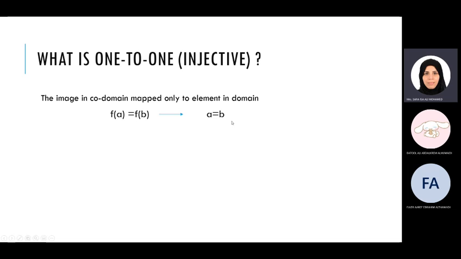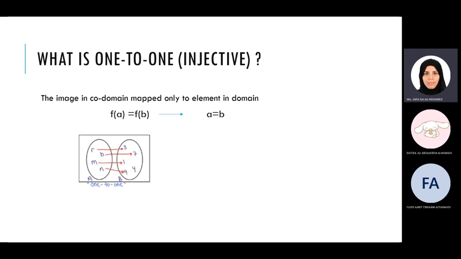To make the picture clearer, let's look at this drawing. This represents a function. The domain of the function is A and the codomain is the set B. How do I know this is the domain? Because the arrow goes from A toward B. So this is the domain, and this is the codomain.